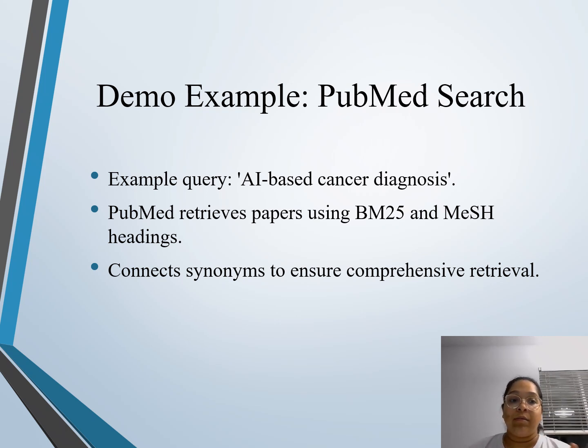PubMed uses BM25-style ranking and MeSH, that means Medical Subject Headings, a controlled vocabulary to link synonyms and improve search precision. This shows how even a public medical database uses advanced IR concepts to make literature search more effective.